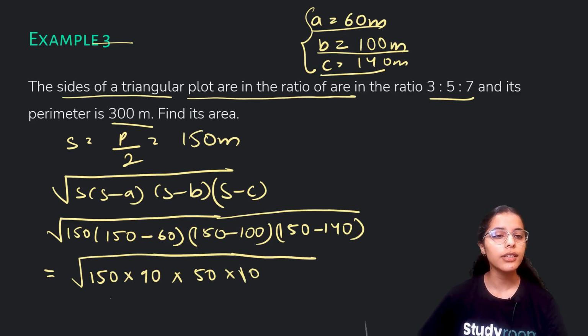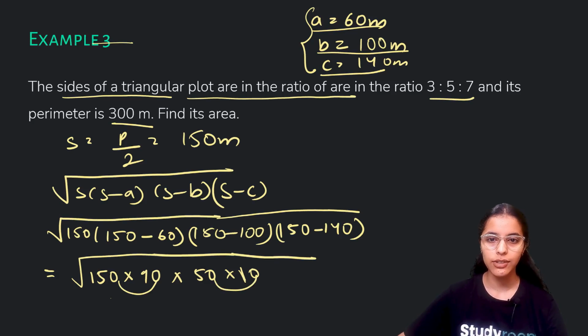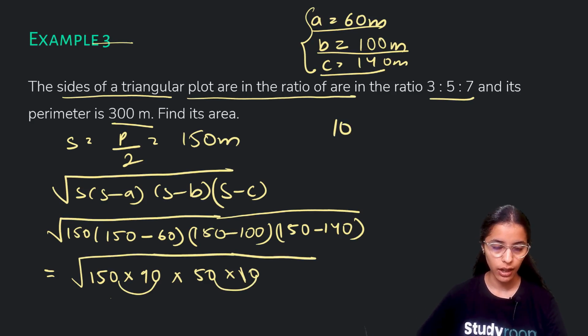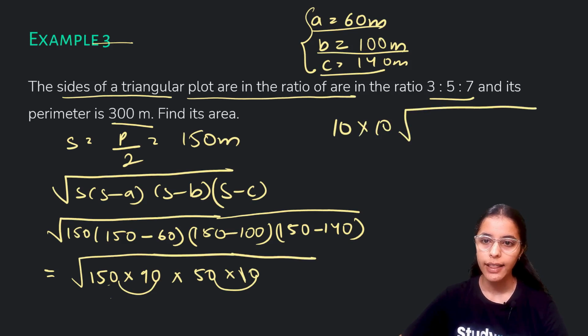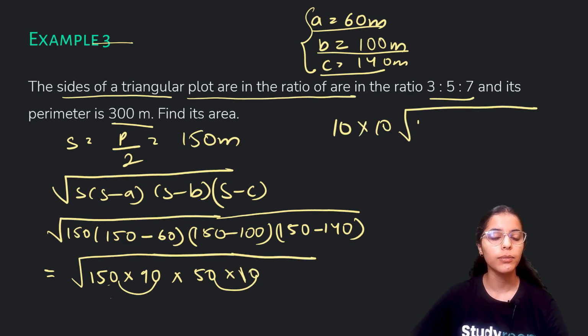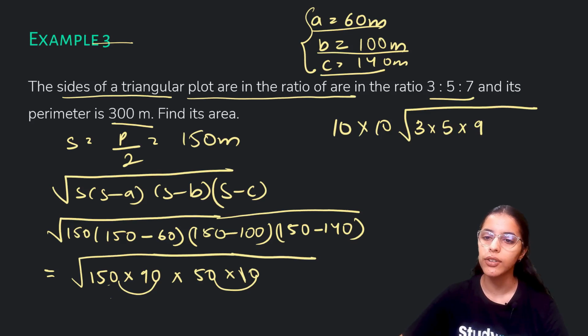Now first let us take out the zeros here. We'll just pair the zeros up and write 10 in place of each pair of 0. So for the first pair of 0 I've taken out 10, for the second pair of 0 I've taken out 10, and then we'll just write 15. 15 we can write using prime factorization as 3 into 5. Then 9 is already a square, and then we can write 5.